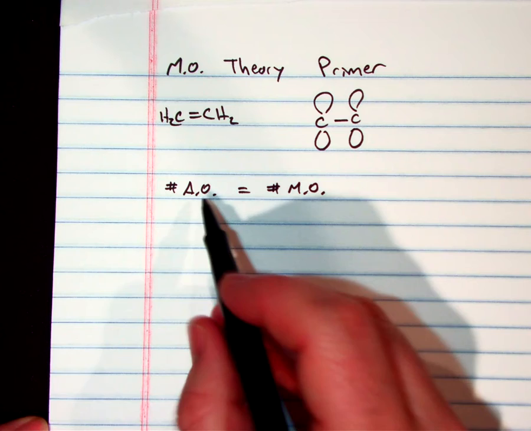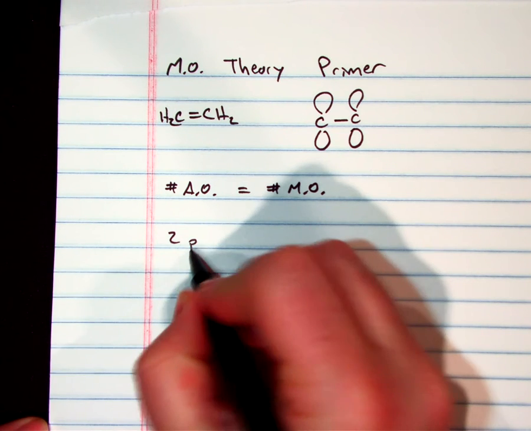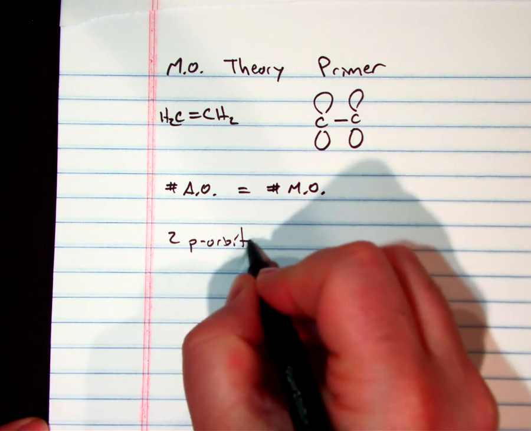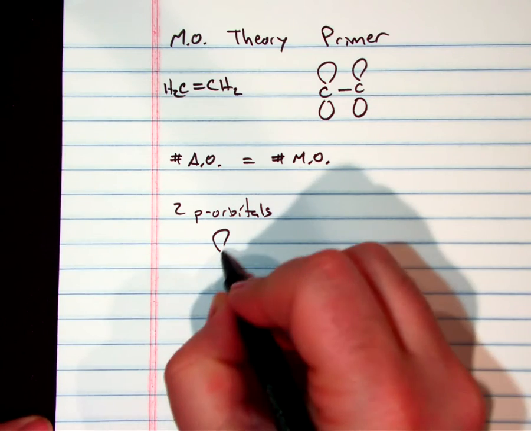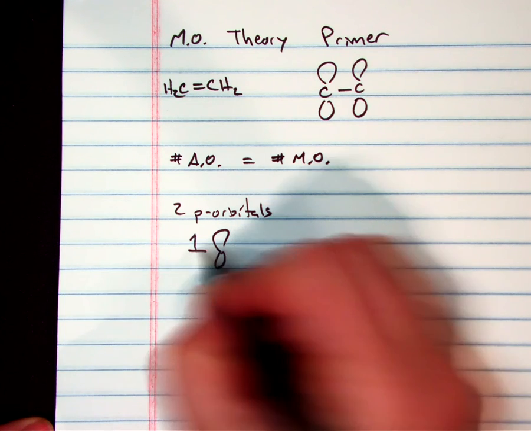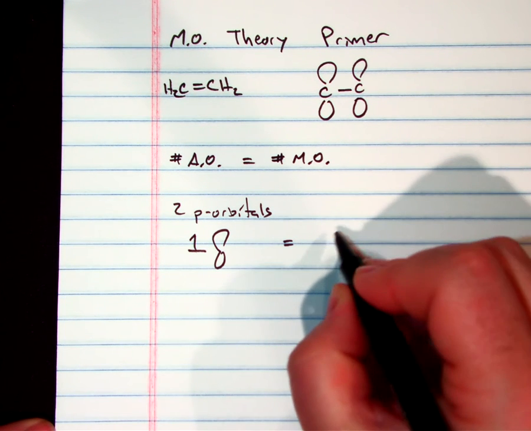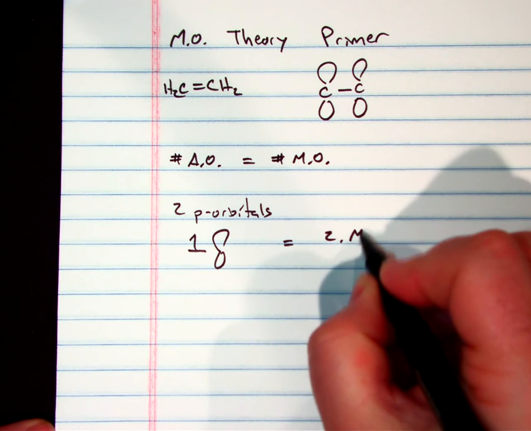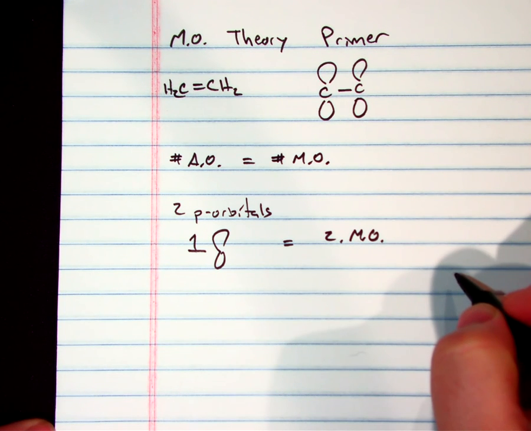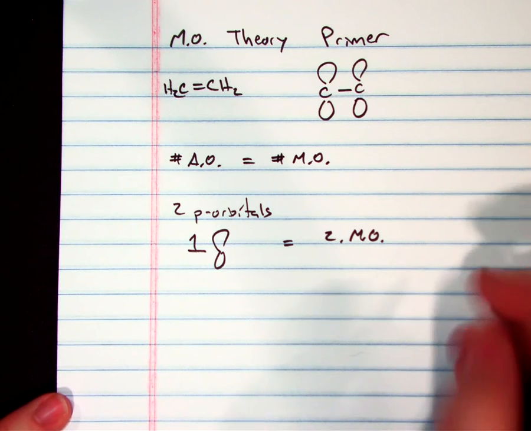That's our atomic orbitals. And each of these p orbitals is going to have one electron in them. So in the end, what we're going to end up with is two molecular orbitals. And we'll have to look at where the electrons get placed in these molecular orbitals.